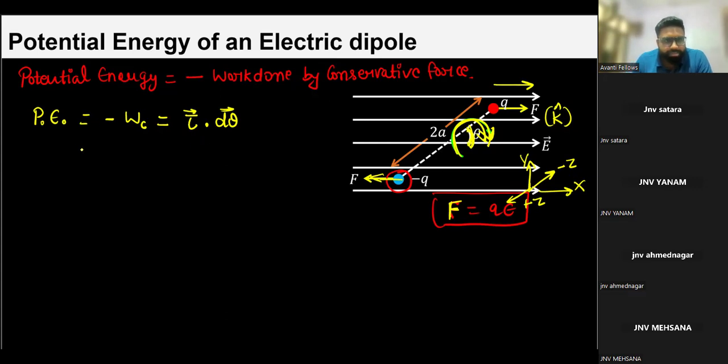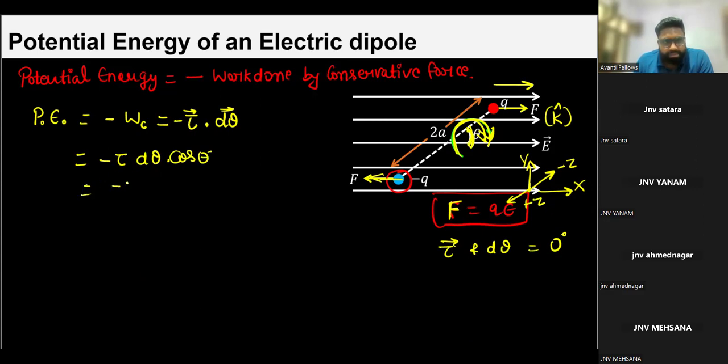Okay. So what we can do here, the angle between torque and d theta will be 0. And if you open it, it will become tau d theta into cos of theta.